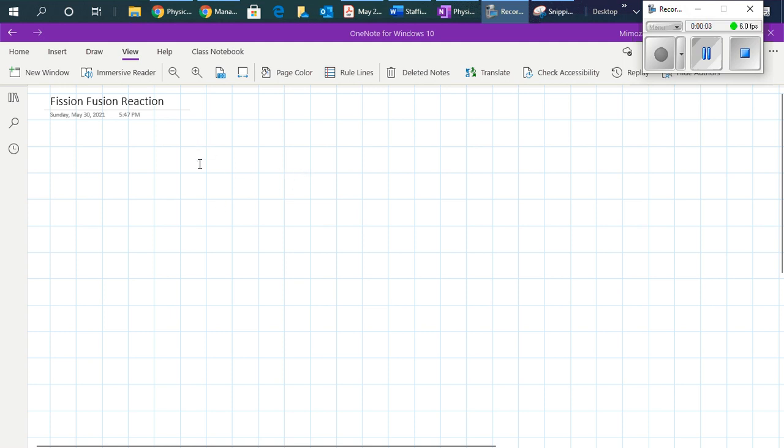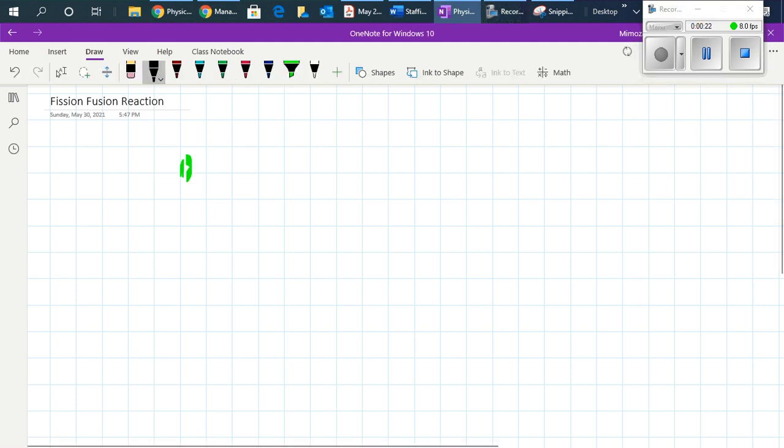Okay, so in this video, what I will be explaining is some of the types of nuclear reactions. Just to clear it up, there are 4 types of nuclear reactions. One is radioactive reactions.